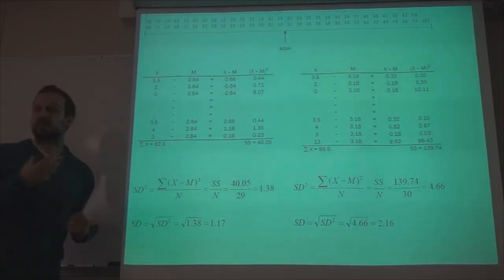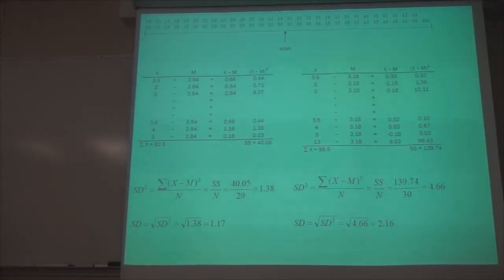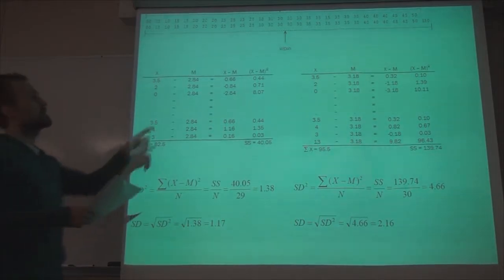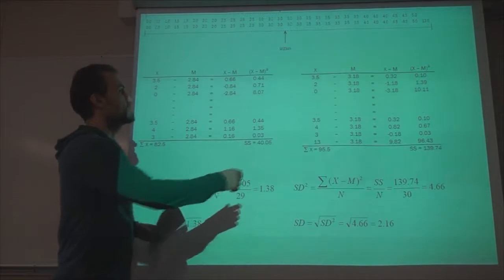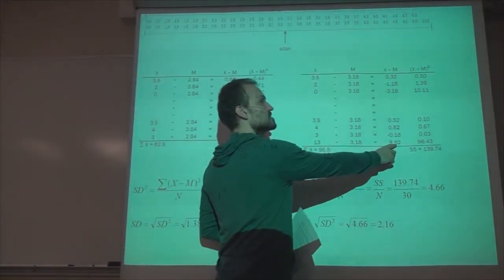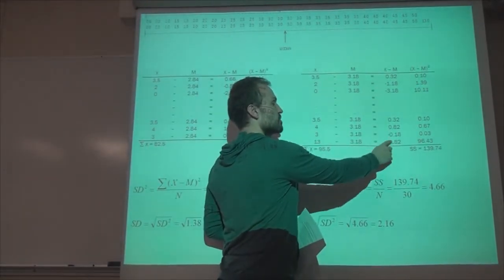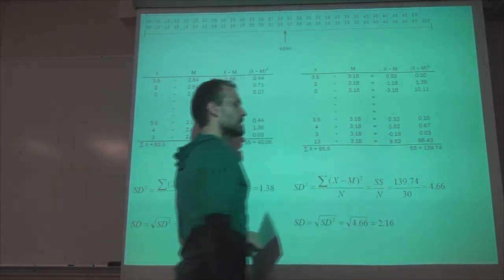Now with that 13, there seems to be much more variation in what I can observe, because that one person that reacted so slowly creates more deviation. When I average it out, this 9.82 pulls it a little bit higher.